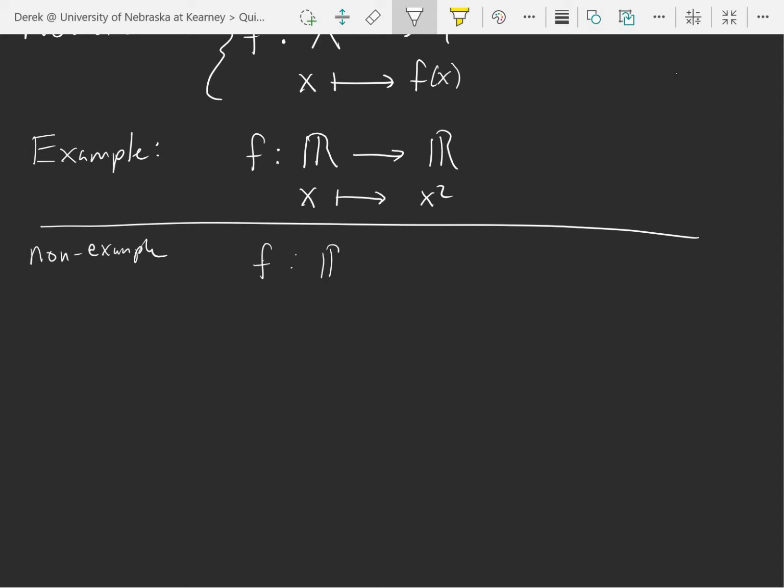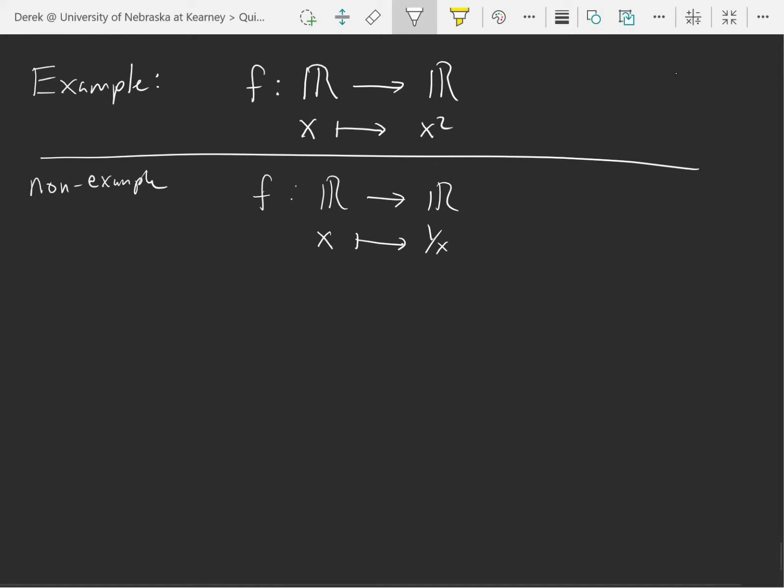So another example, maybe a non-example. f maps R to R, sending x to 1 over x. What's wrong with this? We can't divide by 0, right? So this isn't quite right.